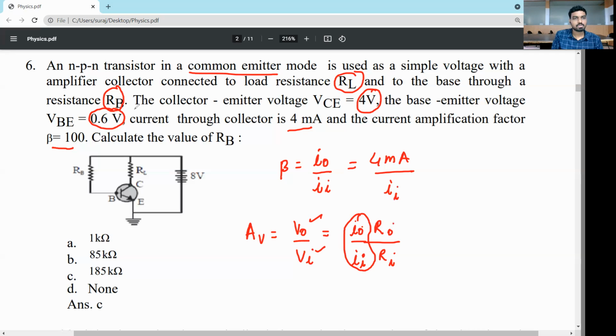What is V output? Common emitter, this is output, 4V. V input, 0.6. Equal to beta, beta is given 100, into R output, R of collector. RB I need to find, right?